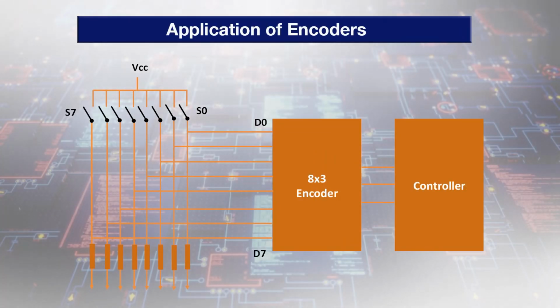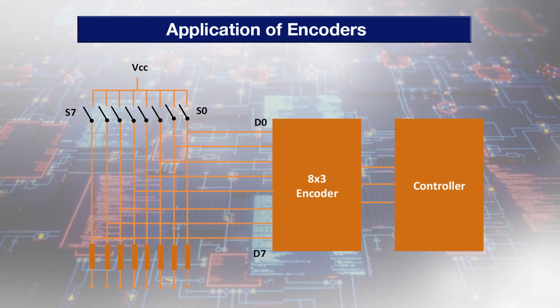Of course, nowadays controllers come with many input output pins, but when we want to connect so many inputs to the controller, they might run out of input output pins. In such a case the encoder is very useful. We can connect the 8 switches to the encoder, and the output of the encoder can be given to the controller.